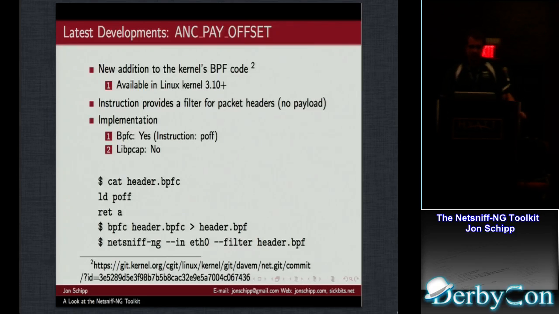At the bottom, in the example, you load this value, whatever the value represents, OFF, that's what they're calling the instruction, in BPFC. You return whatever's in the accumulator, which specifies the size of the packet to return. Which is pretty cool. Again, libpcap does not have this, and BPFC is the only one I'm aware of that does, unless you write your own code to do it.